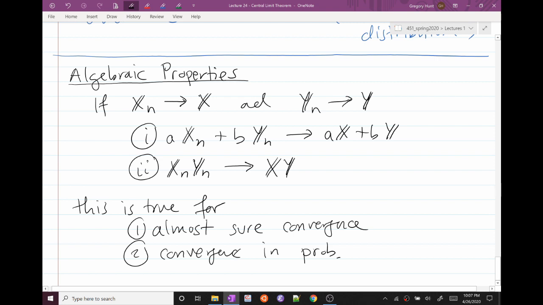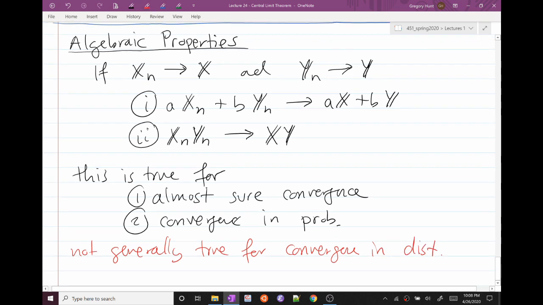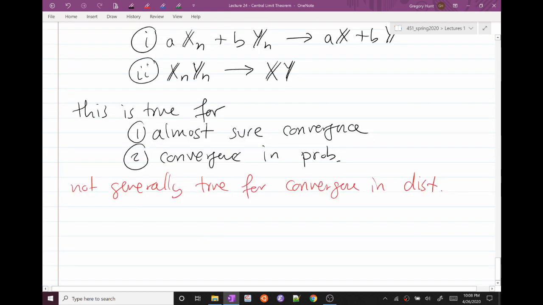Or if x of n converges in probability to x and y n converges in probability to y, it is also true. It is generally not true for convergence in distribution. So unfortunately, we don't get these nice algebraic properties for convergence in distribution, but we do for convergence almost surely and convergence in probability.